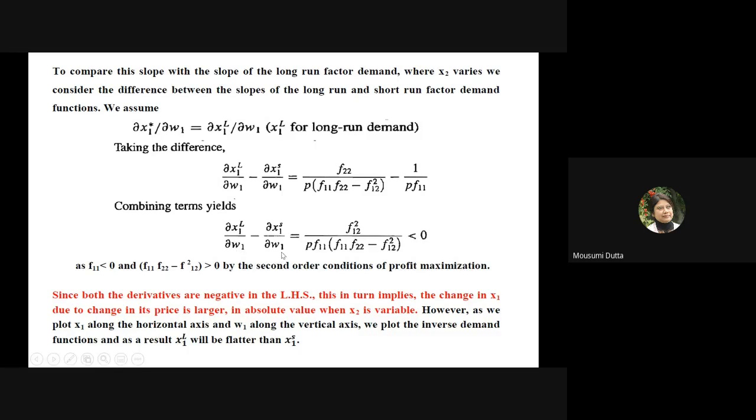Both the components on the left-hand side themselves are negative. So as both the components are negative, if we want this difference to be negative, we need mod del x1L by del W1 to be greater than mod del x1S by del W1.